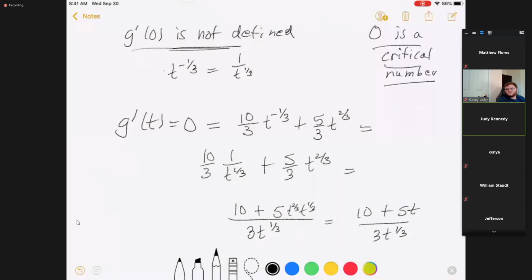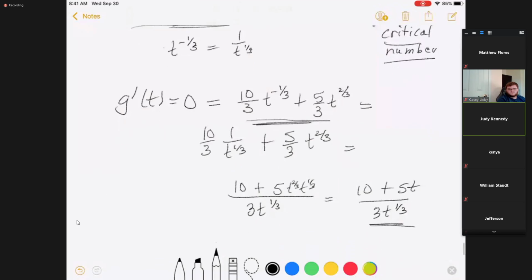Finding where g prime is 0 is hard if you leave that derivative in that form. It's not so hard when you have it written in this form.